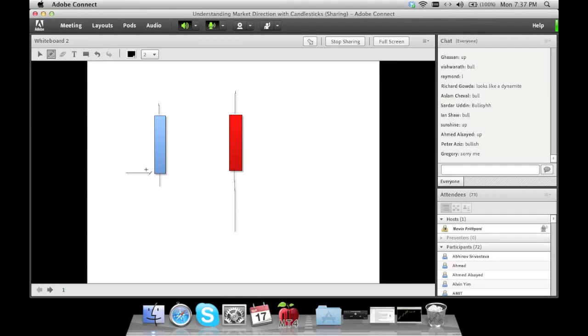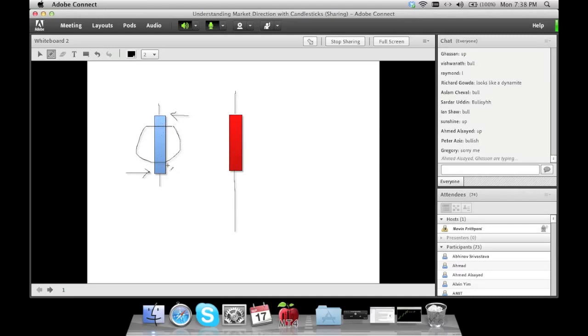It had opened up here. It closed over here at the top of this blue zone. This is the reason why it's blue, because it is above the open. That's why this part is blue. What is this big solid area called?